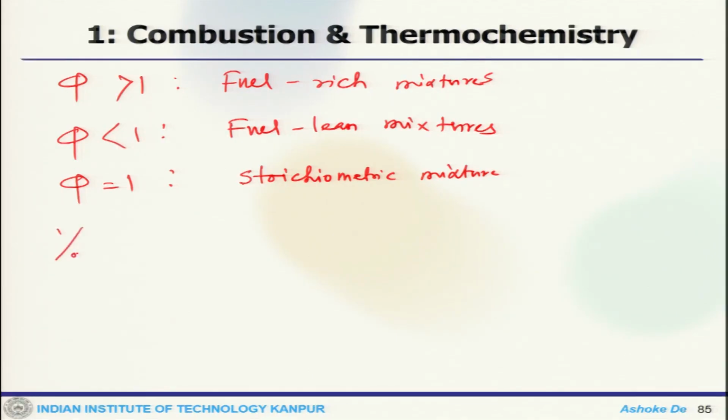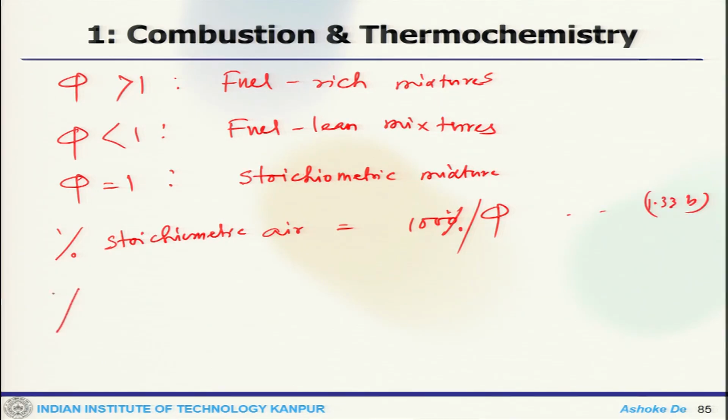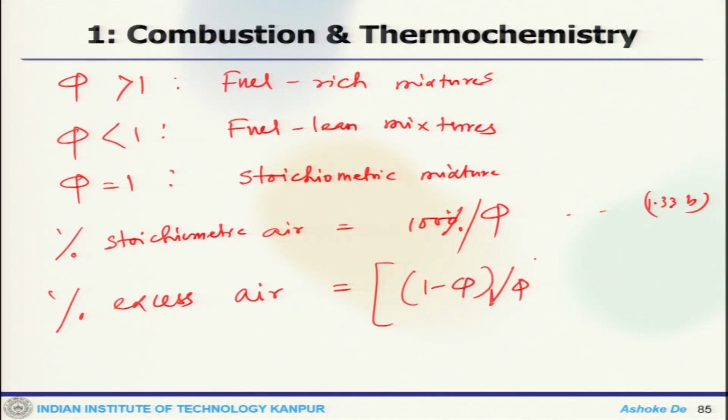That is another definition: the percentage of stoichiometric air equals 100% divided by phi, and the percentage of excess air would be (1 minus phi) divided by phi times 100%. So, this is what you can get.